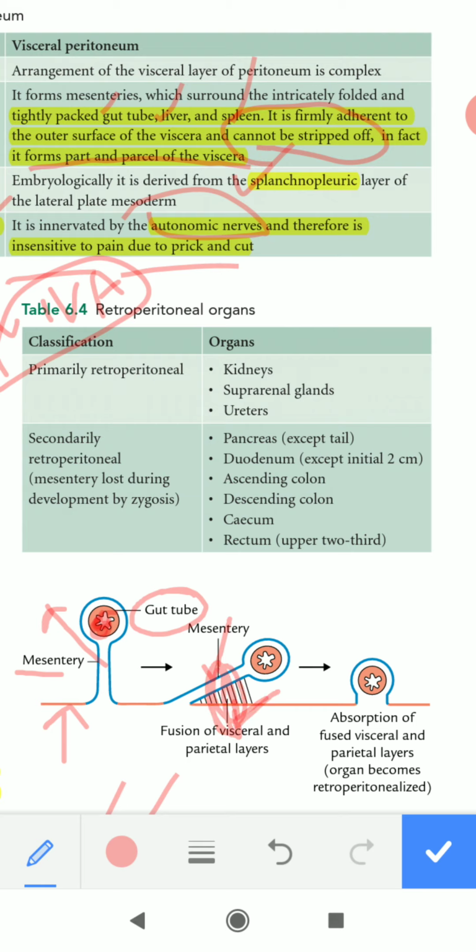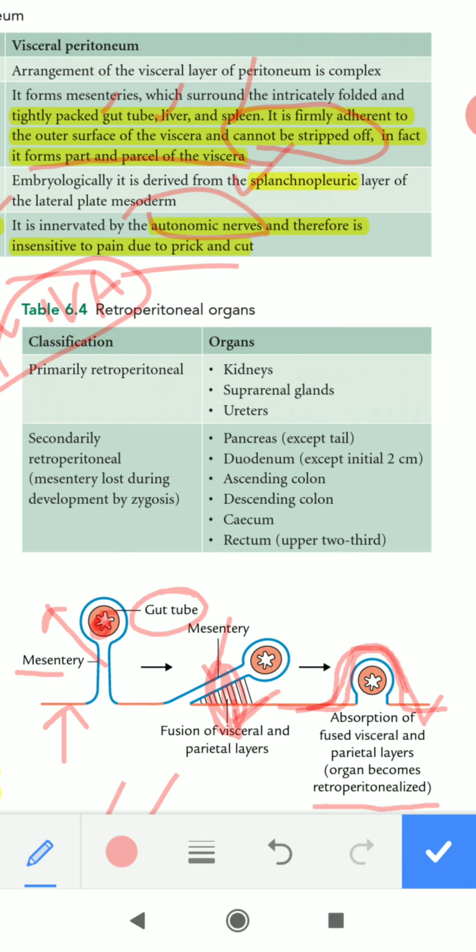At last, the primitive gut tube is covered only on the anterior aspect, and it becomes retroperitoneal. Retroperitoneal means any abdominal organ that is covered only anteriorly by a fold of peritoneum. So this is the process of zygosis.